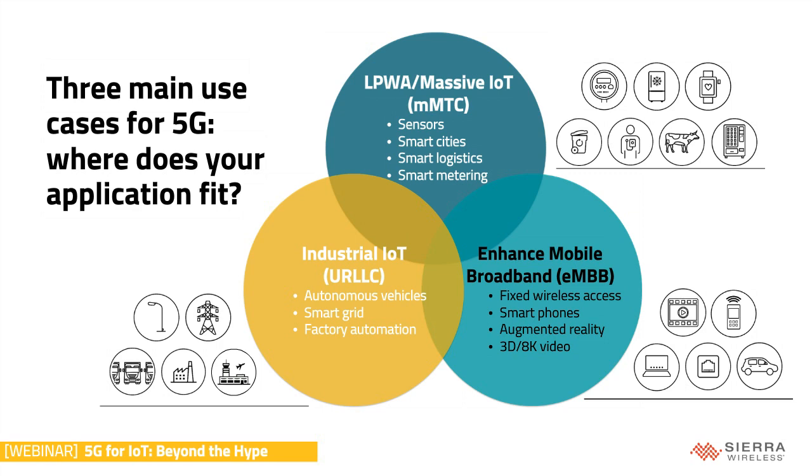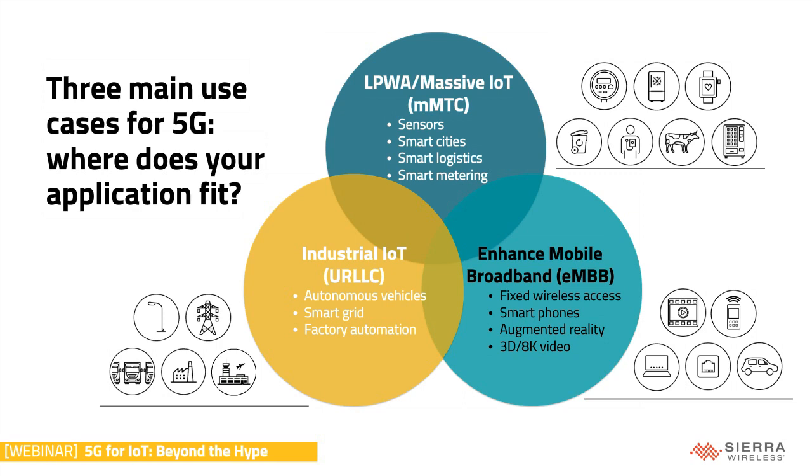So we see things like fixed wireless broadband to the home, stuff that's getting deployed today. 5G smartphones, we'll see these coming out later this year. And then other use cases that are soon to emerge, things like high-end video, AR, gaming, and so forth. So all these types of applications really are meant to take advantage of both higher data speeds, but also the lower latency that 5G will provide.